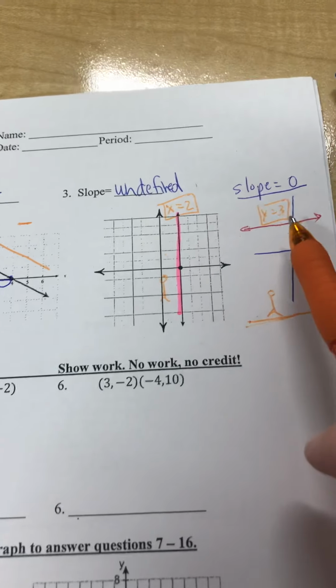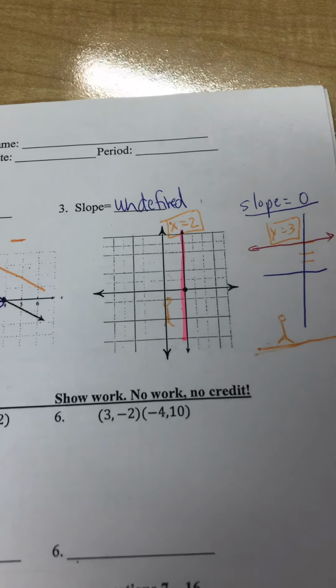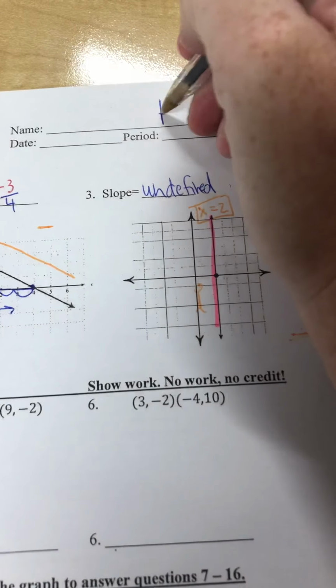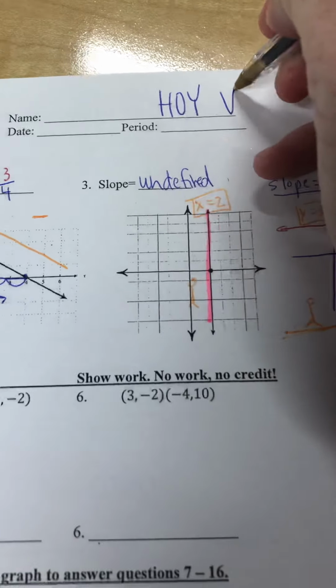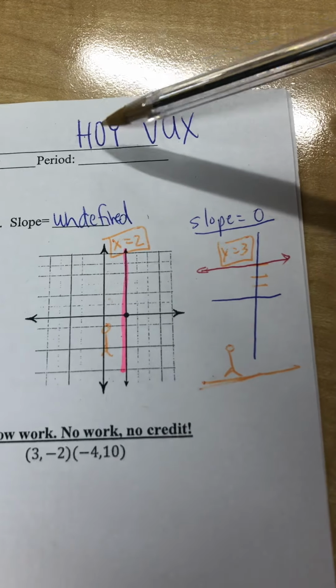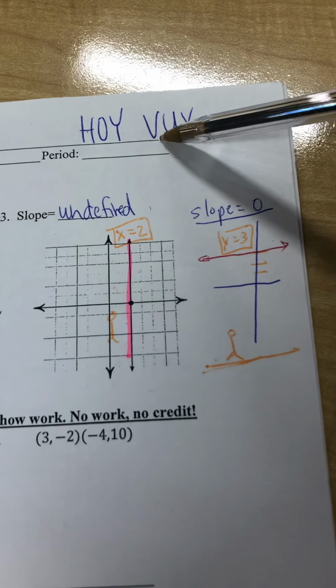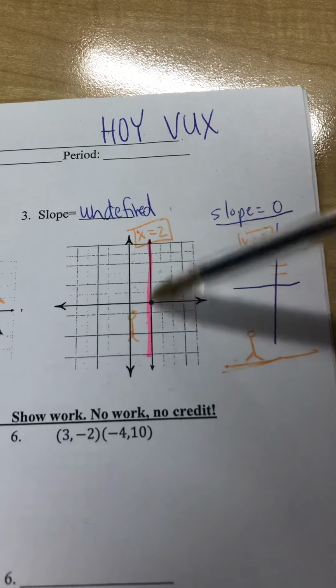For undefined and 0, it's just a number. So I remember it as HOVU. A horizontal line has 0 slope and it's y equals. A vertical line is undefined and it's x equals.